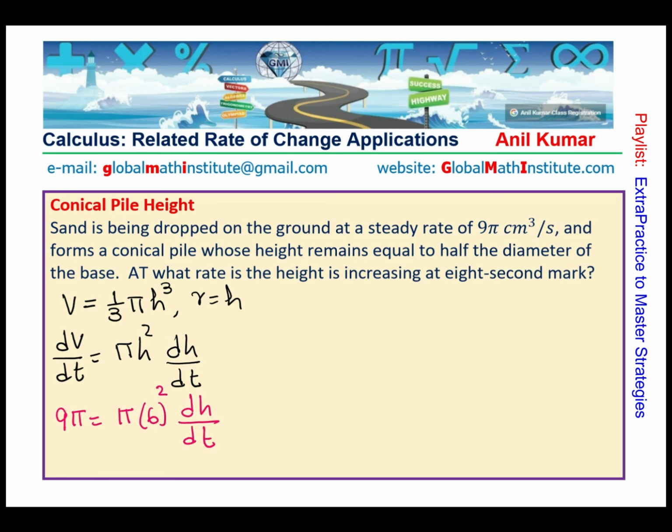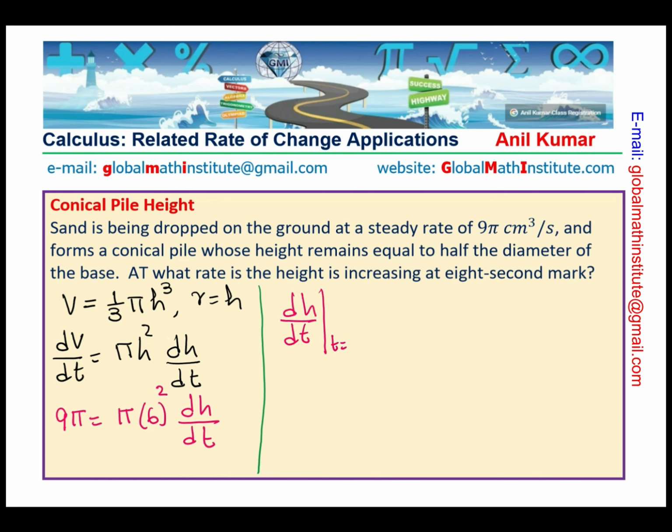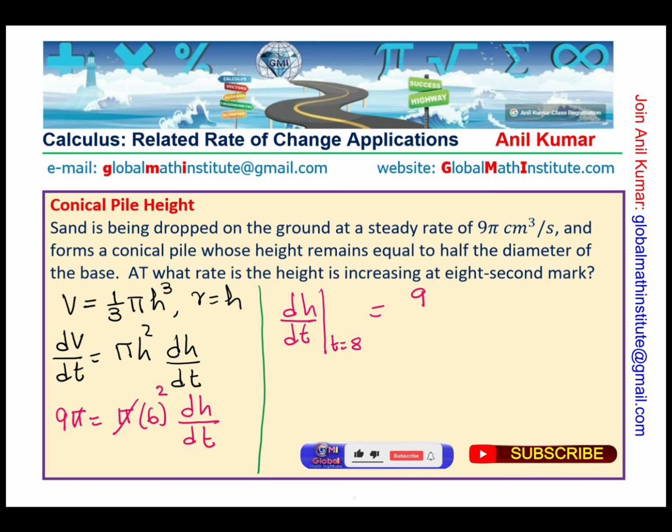So if you derive as we have done, you will clearly understand what is going on and how we solve such questions related to related rates of change. And now it's a question of reorganizing and finding dh/dt. Remember this is for the instant when t is 8, correct? Pi and pi you can cancel. And what you get is 9 over 6 square, which is 36.